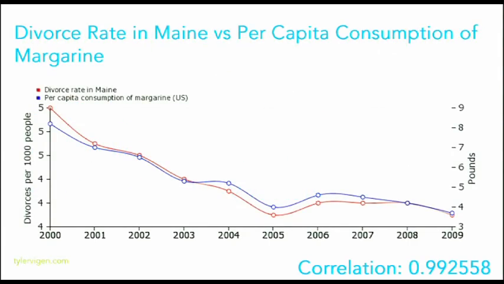For instance, we can see that divorce rate in Maine versus per capita consumption of margarine appear to be very highly correlated, which must mean we should stop eating margarine or people should stop getting divorced. I'm not sure, but either way, clearly these two things, hey, maybe they are related.